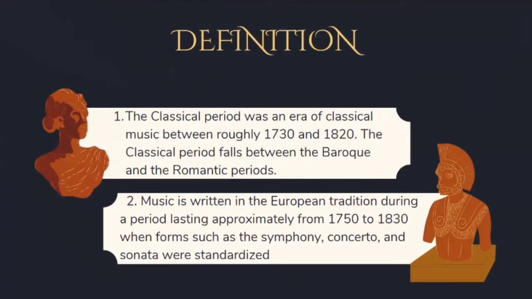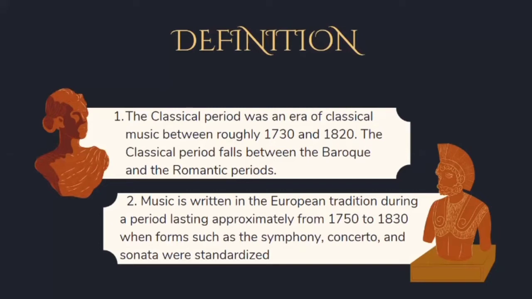The classical period falls between the Baroque and Romantic periods. Classical music has a lighter, clearer texture than Baroque music and is less complex. It is mainly homophonic, using a clear melody line over a subordinate chordal accompaniment. But counterpoint was by no means forgotten, especially later in the period.